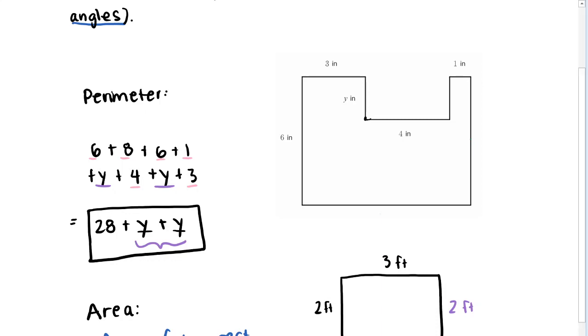Let me try this. Okay, so here we go. If we imagine slicing up this shape in this way, we see 3 different rectangles, and if we find the area of these 3 rectangles and add them together, that would be the area of the original shape. So this would be a second way you can find an expression for the area.